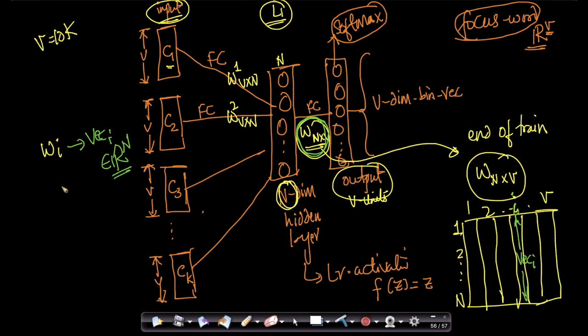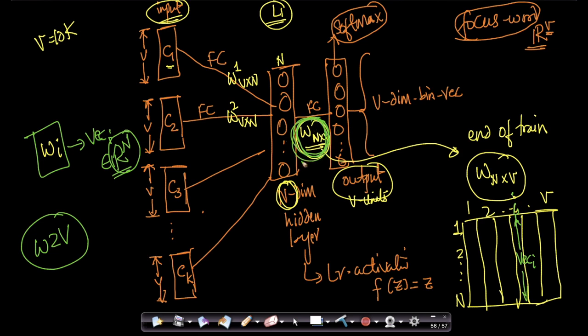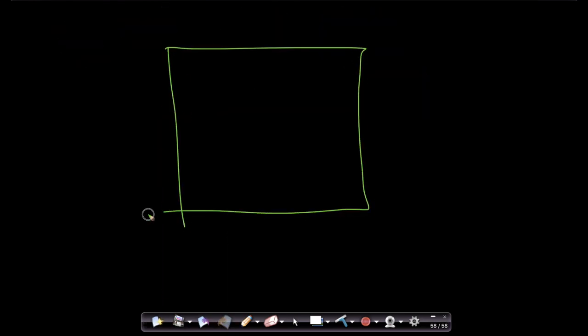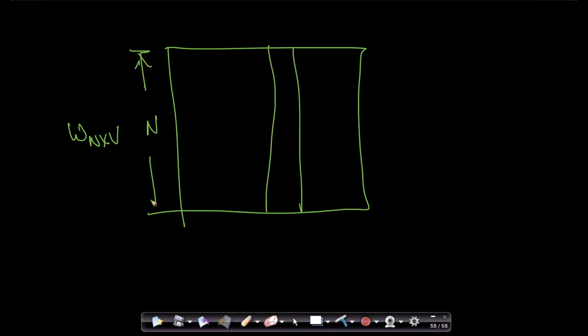So in Word2Vec representation, given a word, you want to give a vector representation to it. So I can use this matrix as my representation, this N cross V matrix of N rows and V columns.